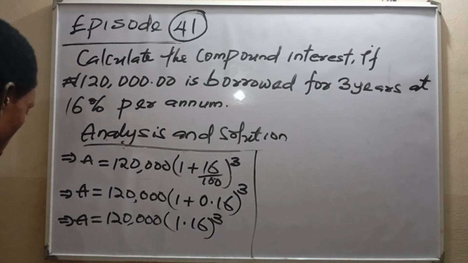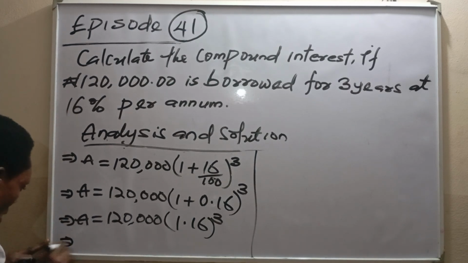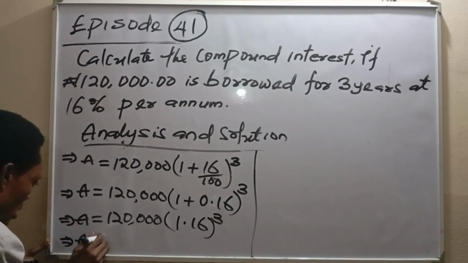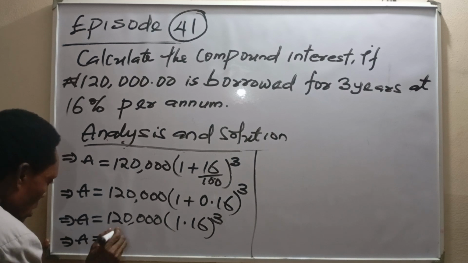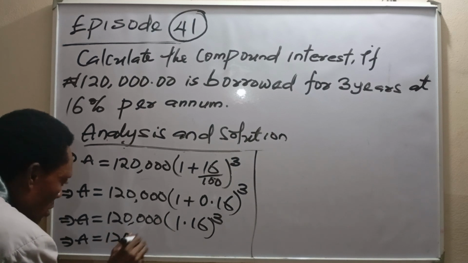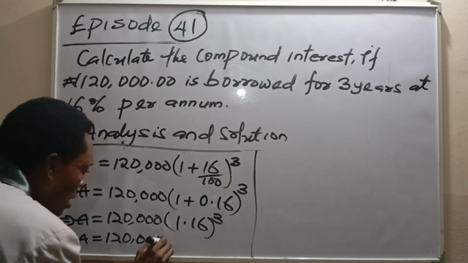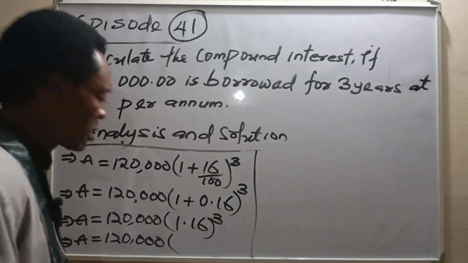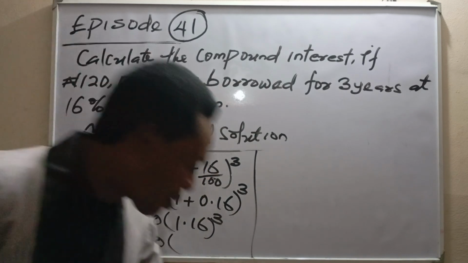Now which implies amount equals 120,000 open bracket 1.16 raised to the power of 3.